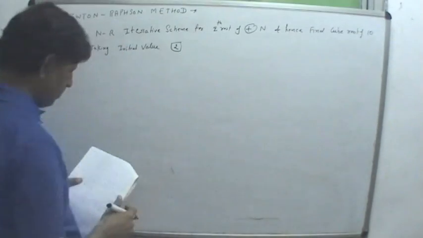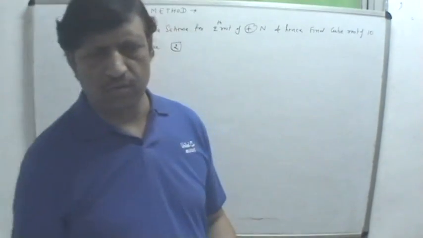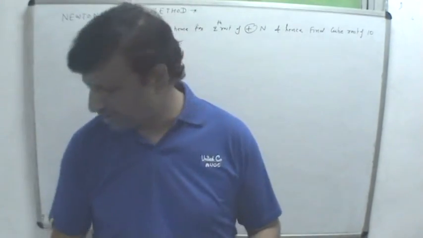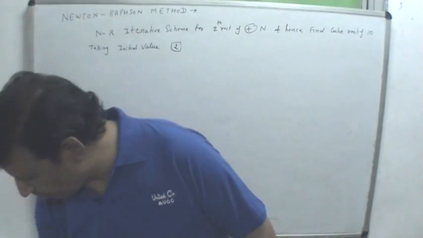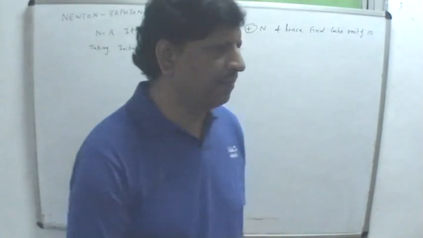Here we are giving the starting value, so at this level we need not find the approximate value of the variable by hit and trial method.